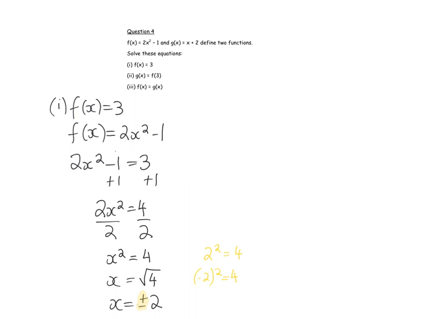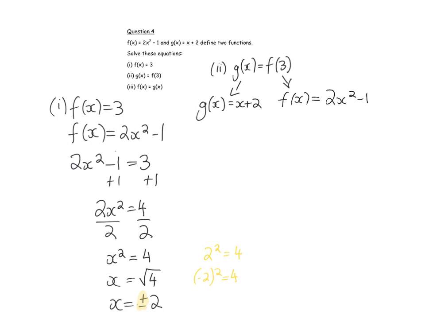Now the second one we have is g of x equal to f of 3. Well, we know g of x is equal to x plus 2. We know f of x is equal to 2x squared minus 1.